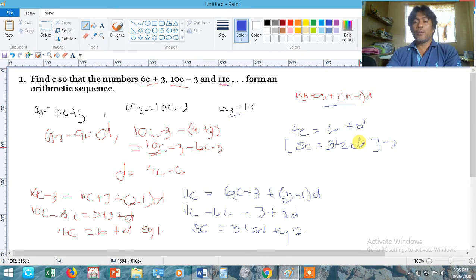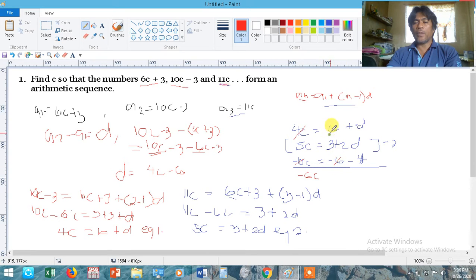Okay. So, if you multiply that, this will become negative 10c is equals to negative 6 minus 4d. Tama? So, this one, cancel na to na, minus na to, so it will give you a negative 6c because 10 is greater than 4.